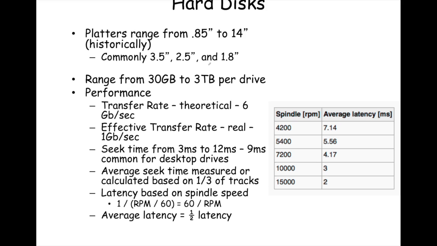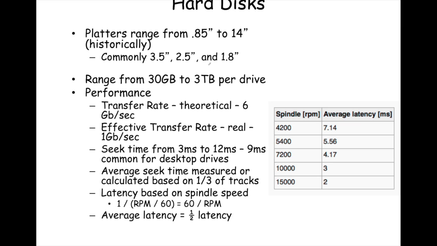And then the latency is the time it takes, once you get to that track, to position that particular sector, the rotational latency, underneath the read-write head. And that's based on the speed of the spindle. The faster the spindle spins, the faster that sector will come whooshing around to be positioned underneath the read-write head.